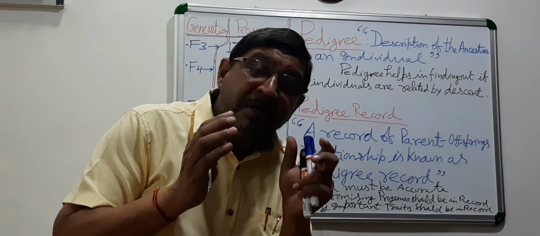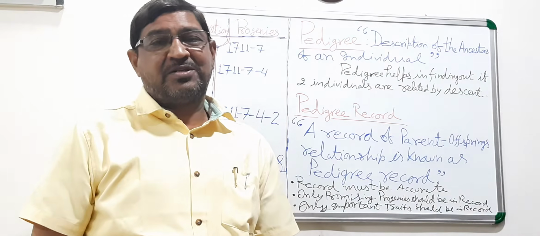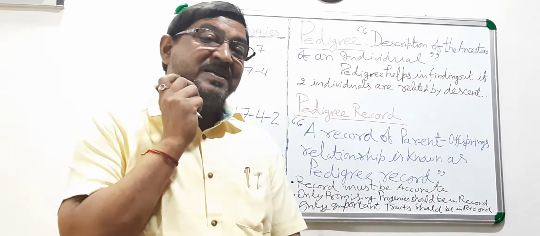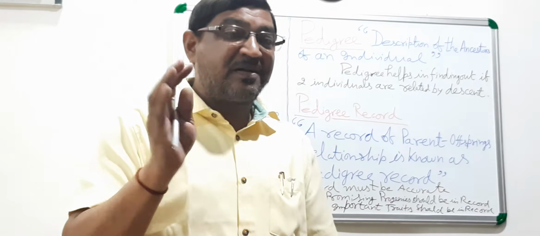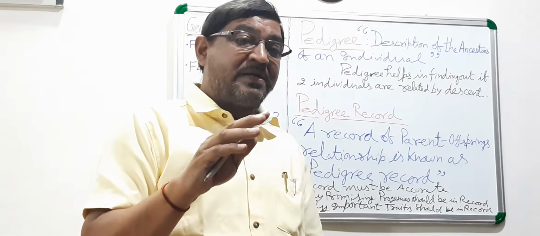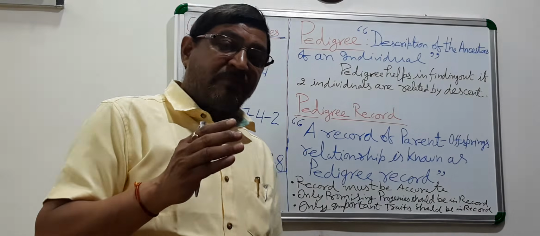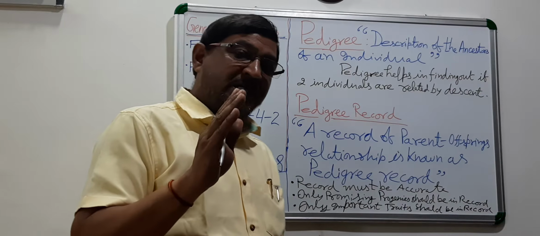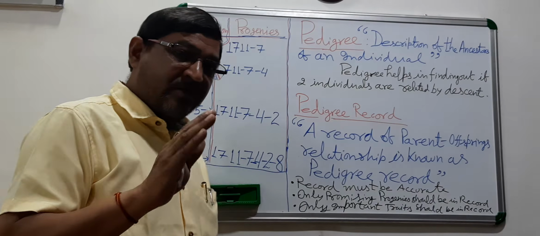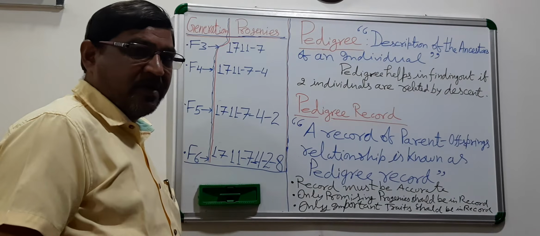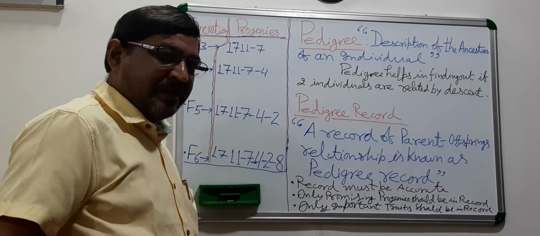Your record must be very, very accurate. There should not be anything overlapping, or any confusion while making the record of a particular progeny, a particular offspring. You must be very serious and cautious that you should not overlap and should not be mistaken.